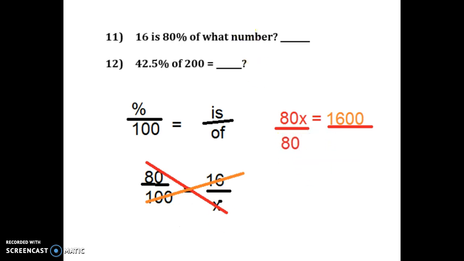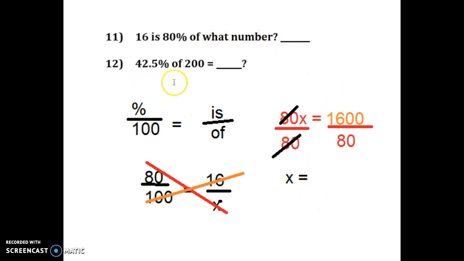So if I divide by 80 here, they cancel each other out. And all you're left with is x equals, right? And then we're also going to divide this number by 80, because if I do it to this side of the equal sign, I have to do it to this side of the equal sign. So 1600 divided by 80 is going to be our answer for number 11.